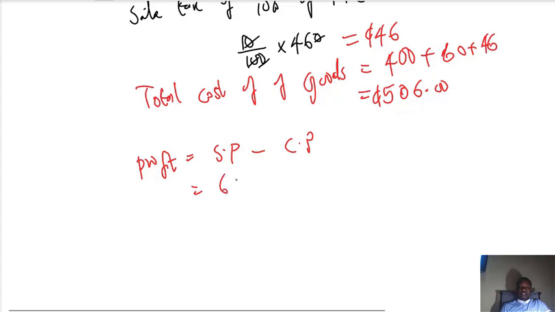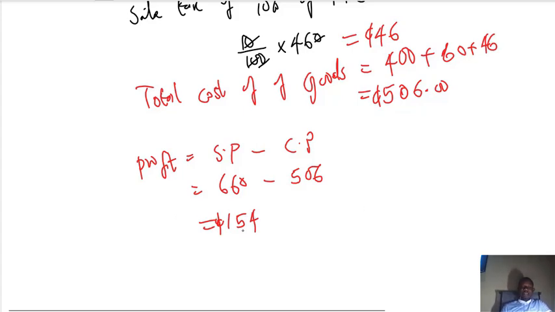The selling price of 660 Ghana cedi minus the total cost price of the item, including the import duty and the sales tax on it. So 660 minus 506 will give us 154 Ghana cedi. So this is the profit she made from the import and the sale of the item.